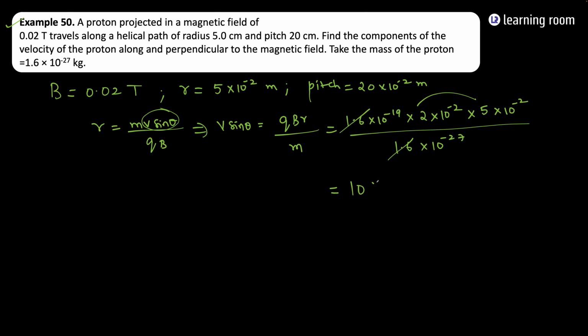So 10 into 10 power minus 19 into 10 power minus 4, and this 10 power minus 27 will go to the numerator as 10 power 27. 10 power minus 19 into 10 power minus 4 is 10 power minus 23. So 10 power 27 into 10 power minus 23 is 10 power 4. So 10 into 10 power 4 is 10 power 5 meter per second.